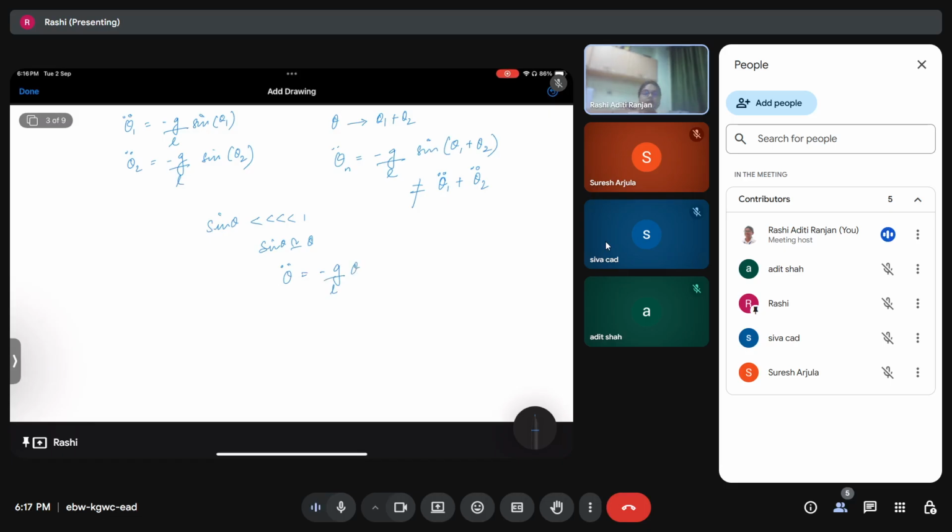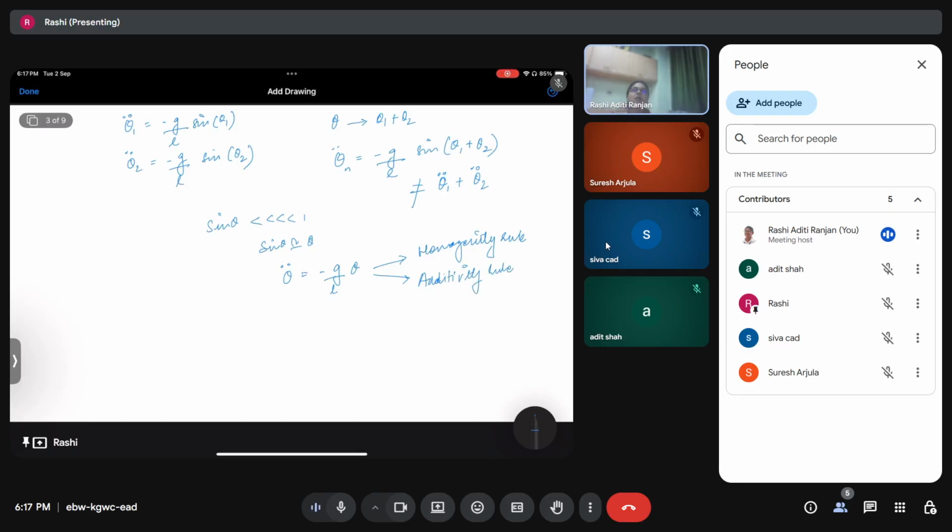Now you can clearly see that this satisfies both the homogeneity rule and the additivity rule.